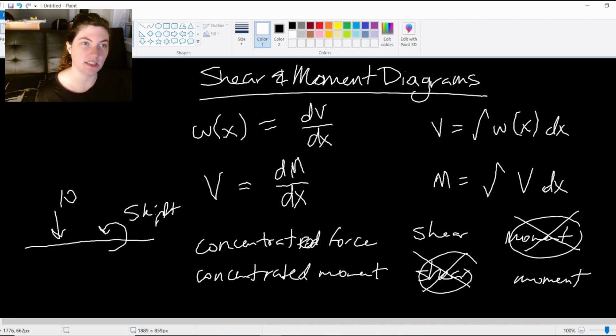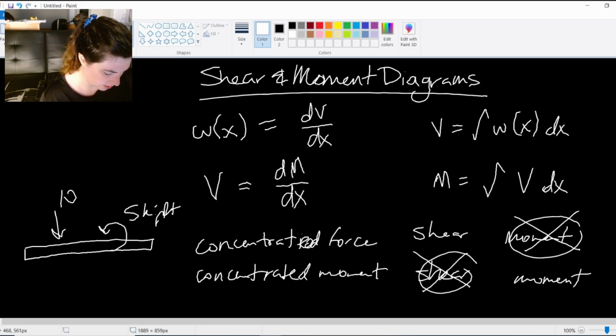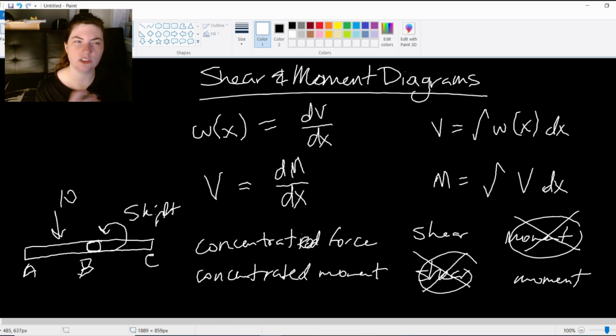Another thing to note is an internal hinge, right? When we were looking at compound beams, say this was a compound beam that had a pin in the middle of it connecting two separate beams, beam AB and beam BC, an internal hinge, an internal pin.